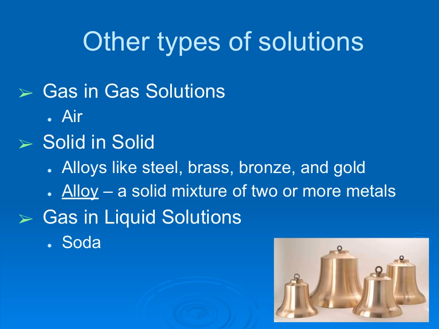So this might be something like steel, like they take carbon and they add it to iron to give it some more strength, or brass or bronze or gold even. We'll talk more about that on the next page. But an alloy, make sure you add that to your notes, is really that mixture of two or more metals. And then if you go crack a soda, you've seen a gas in a liquid dissolved as a solution.